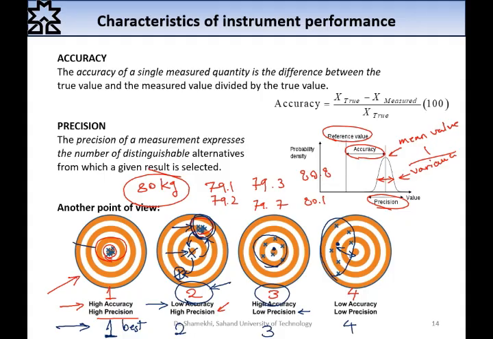We can calibrate the second one, but we cannot calibrate the third system. The third system has a good mean value, but we cannot correct it. We don't have any way to solve the problem of the third one.